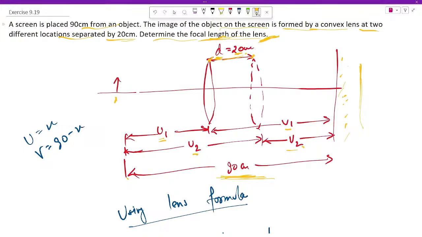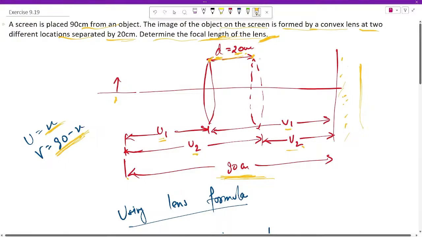Now let us generalize this approach by saying the distance between the object and the lens, either in the first position or in the second position, be the x variable. So automatically the image distance from the lens would be 90 minus x, because the total distance is 90 centimeter. So v would be equal to 90 minus x.